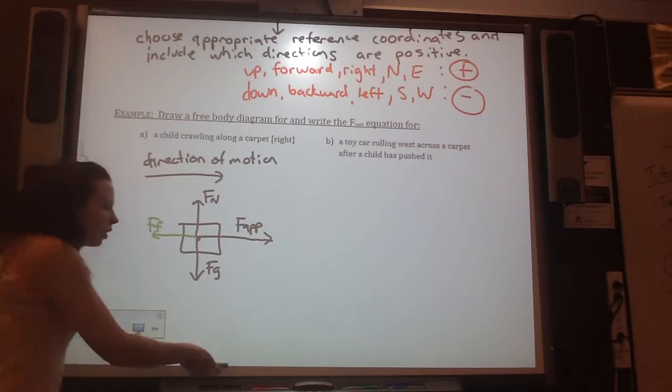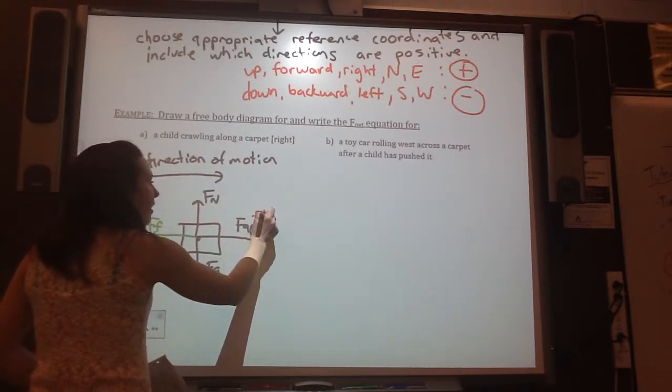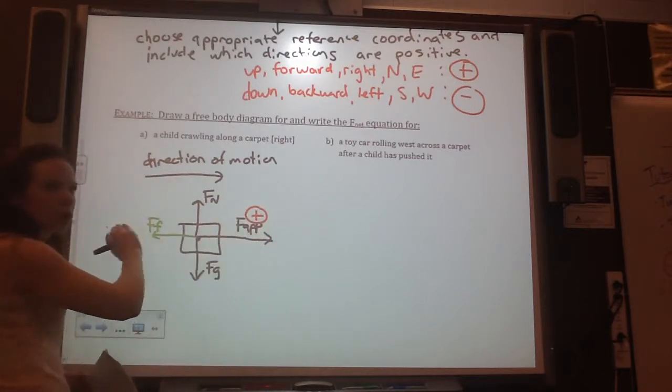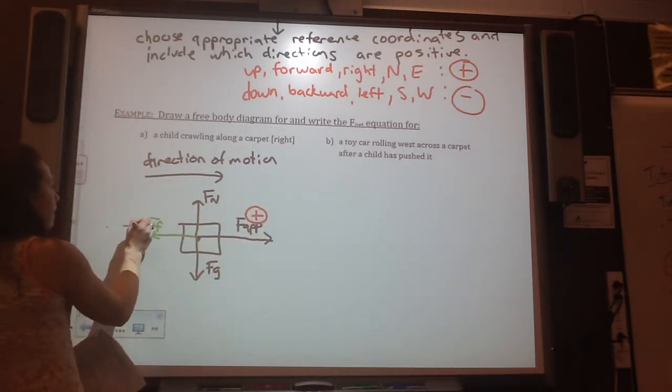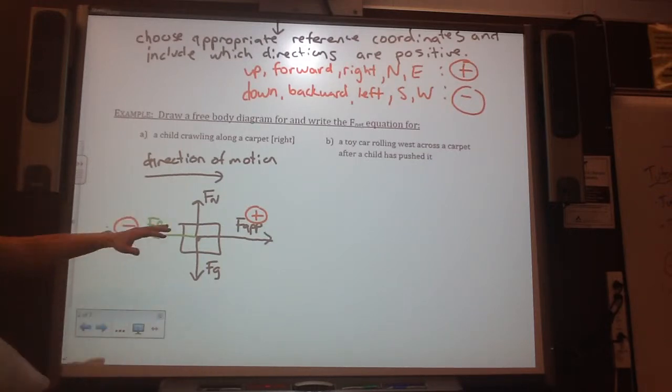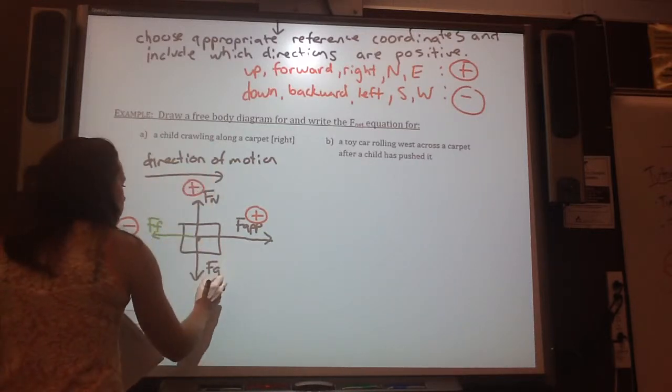Okay, now I think about, they're going to the right, so my F must be positive. So I think about F being positive. Ff must then be negative because it's the force pulling it to the left, and I know that left means negative. Fn is positive and Fg is negative.